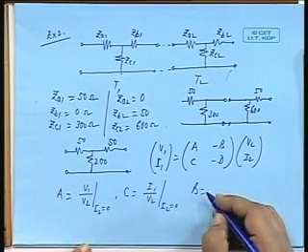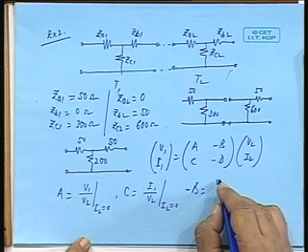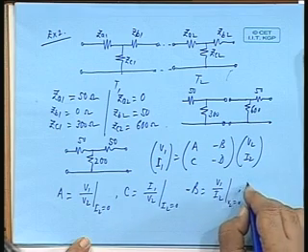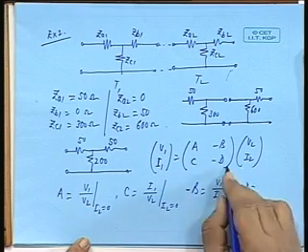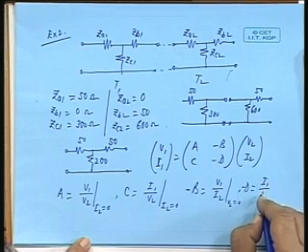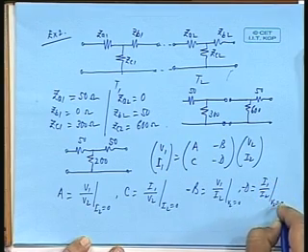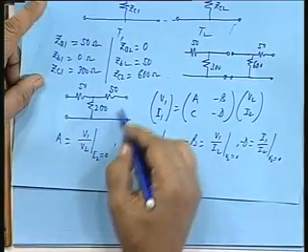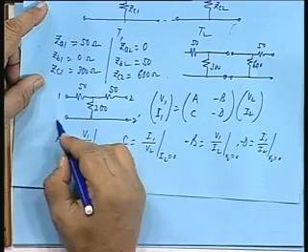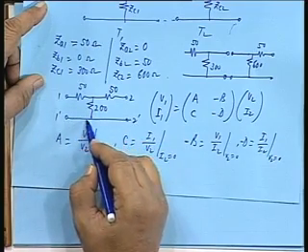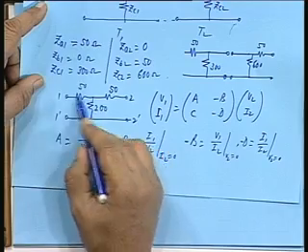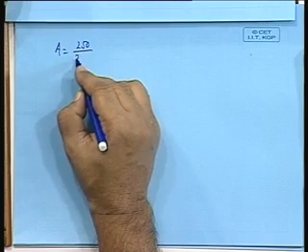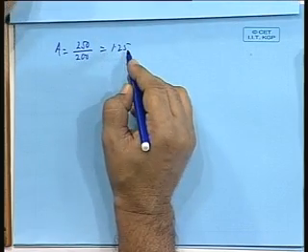B is minus V1 by I2 when V2 is 0, that is under short circuit condition, and similarly D is minus I1 by I2 when V2 is 0. So, from this diagram it is very simple, V1 by V2, this is 50 plus 200 and this is 200. So, A is 250 by 200, that gives me 1.25.